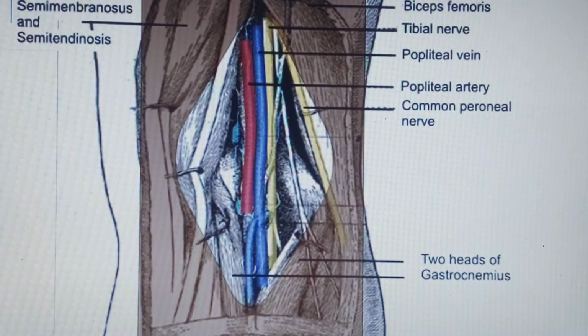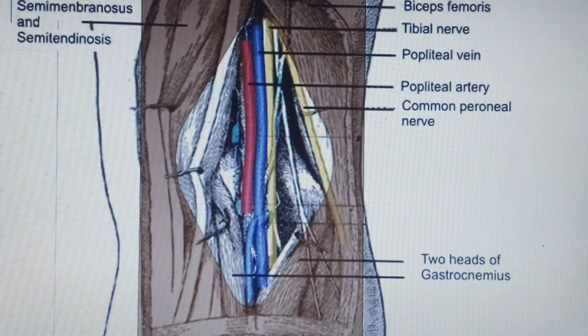Now, this popliteal artery, the red structure over here, apart from being the medial most structure, is also the deepest structure. It is followed by the popliteal vein.